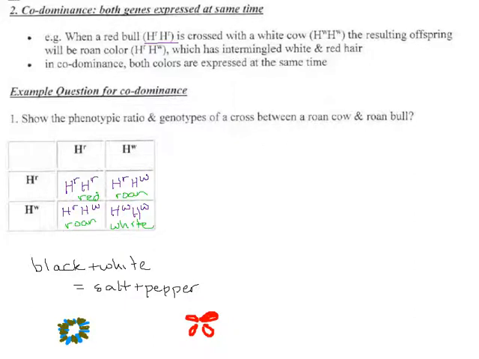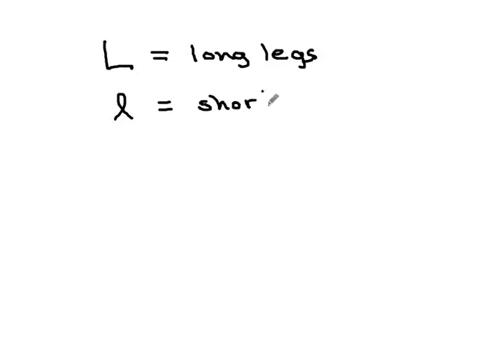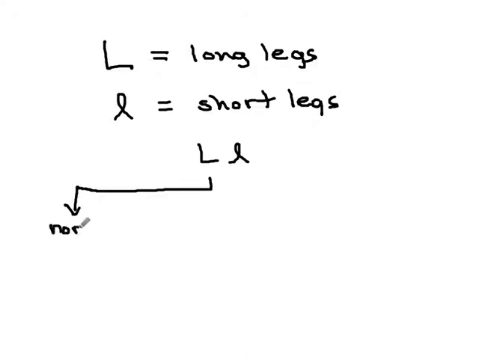What if you had, I'll do this on another page, big L was long legs in a person and little l was short legs? What would it mean if you were big L, little l? What would that mean if it's normal dominance?